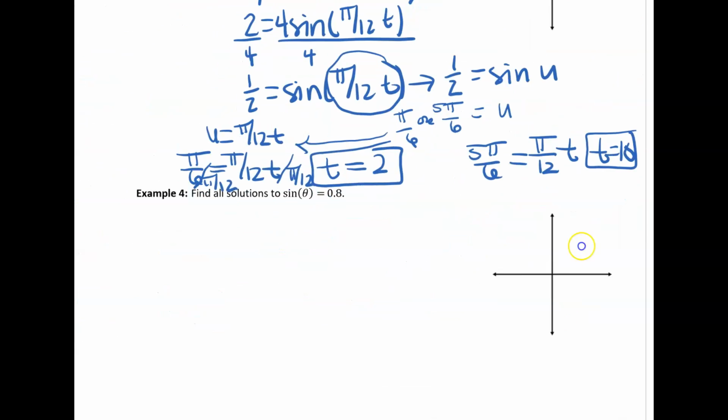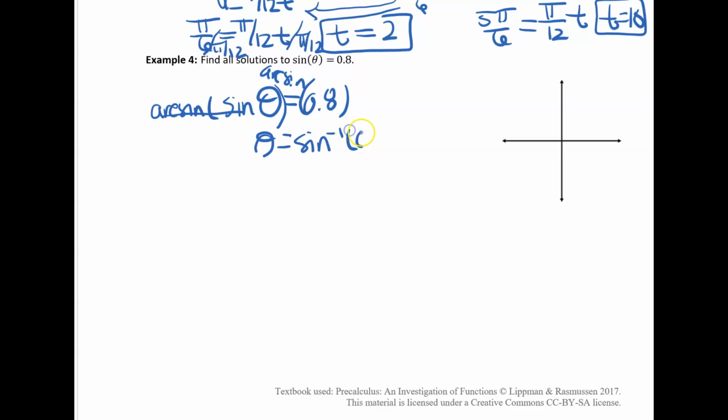Let's look at another situation. It says find all the solutions to sine theta equal to 0.8. So I'm going to take sine of theta equal to 0.8, and I'm going to go ahead and arc function both sides. So if I arc sine both sides, I get theta to be sine to the -1 of 0.8, or arc sine, whichever version.